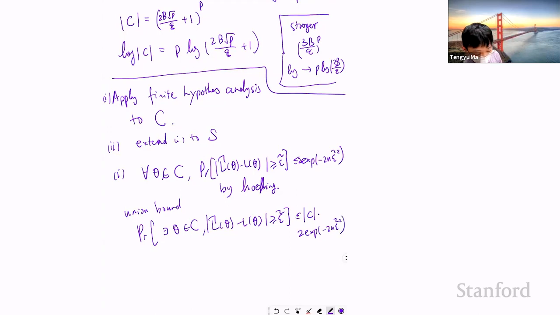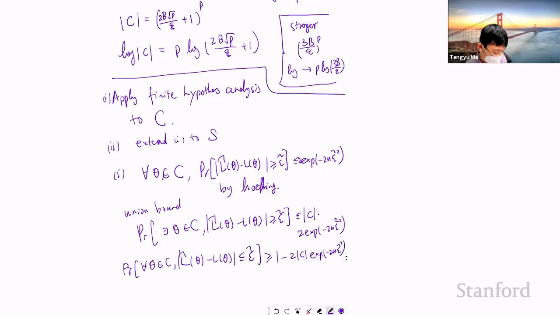Okay, so these two steps are exactly as we did. And if you flip this, you get that the good event happens with probability 1 minus that, that is, with high probability.